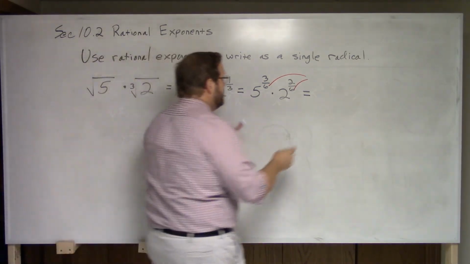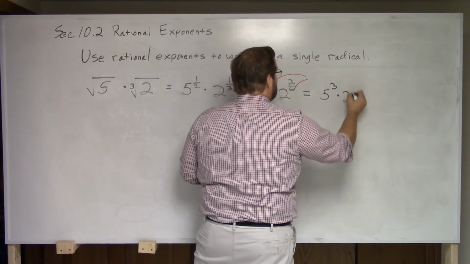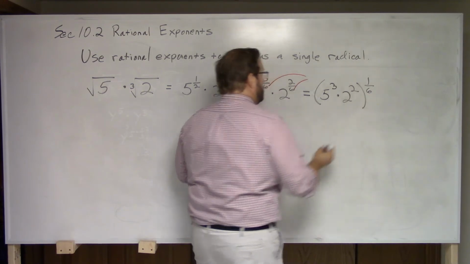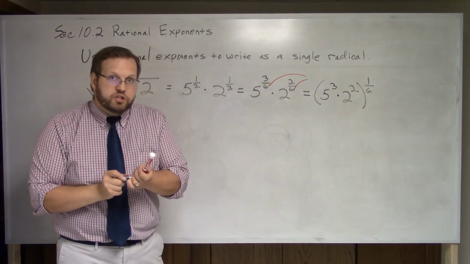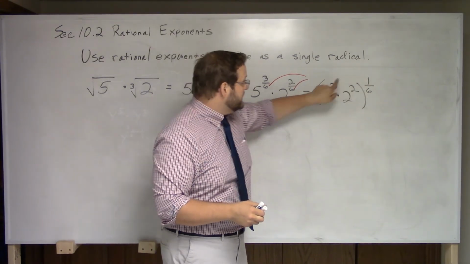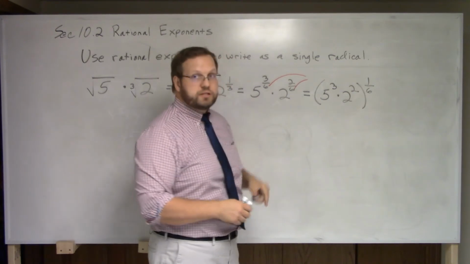So I have a 5 cubed times 2 squared to the 1/6. Now if you want to double check that, don't be afraid to redistribute that sixth. 1/6 times 3, that's 3 over 6. 1/6 times 2, that's 2 over 6.